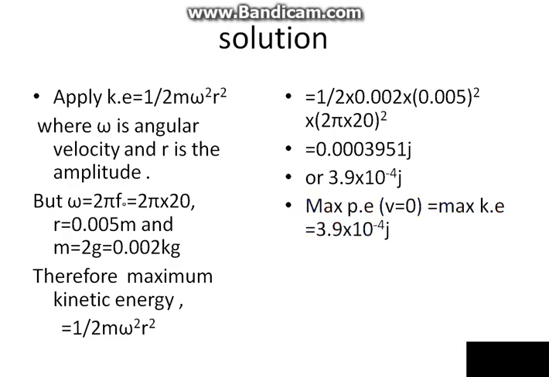Maximum PE (V minus 0) equals maximum KE equals 3.9 times 10 to the power minus 4 joules.